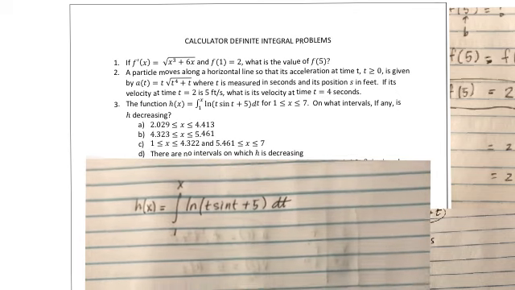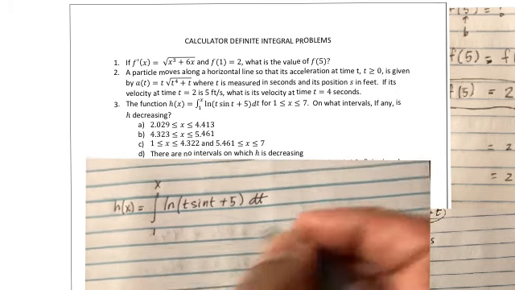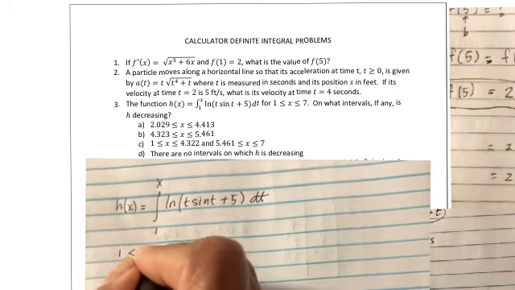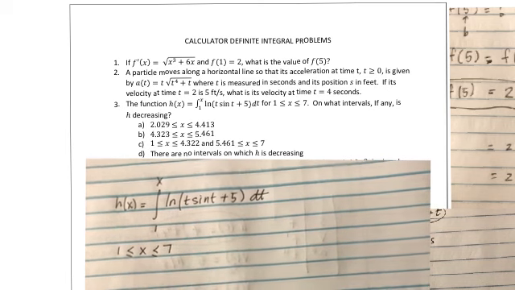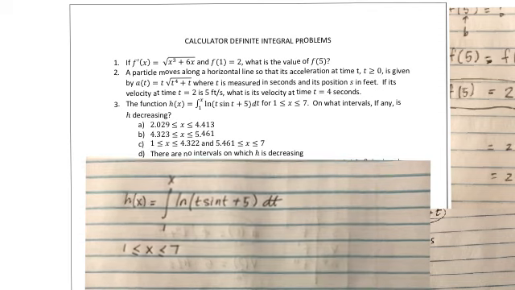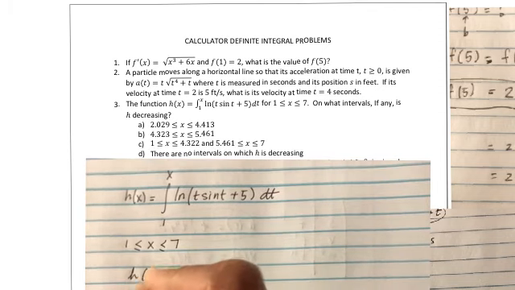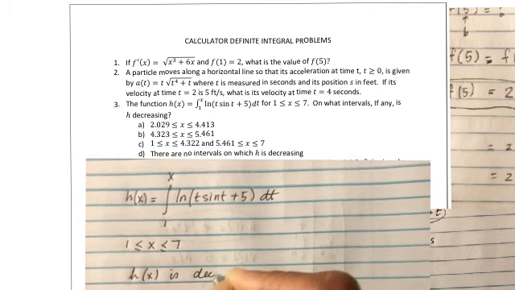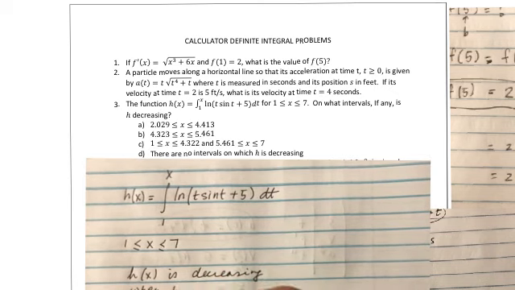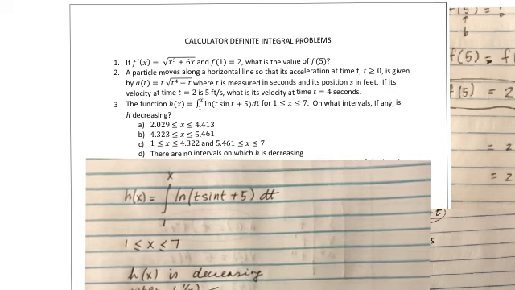right? And what are we being asked to do? So we have a domain, 1 is less than or equal to x is less than or equal to 7, and then it says, where is h decreasing, right? So h is decreasing when its slope, which is h prime, is less than 0, right?